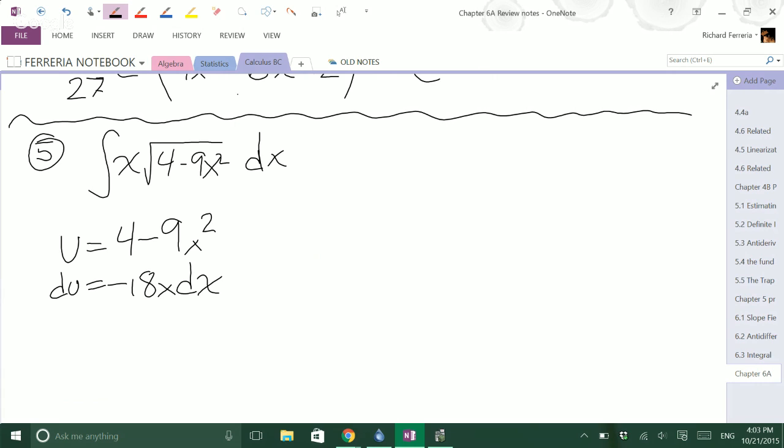That's just our derivative again. We'll do our matching game. We have an x dx, x dx. Looks like I have to get rid of that negative 18. So that tells me negative 1/18 du is equal to x dx.